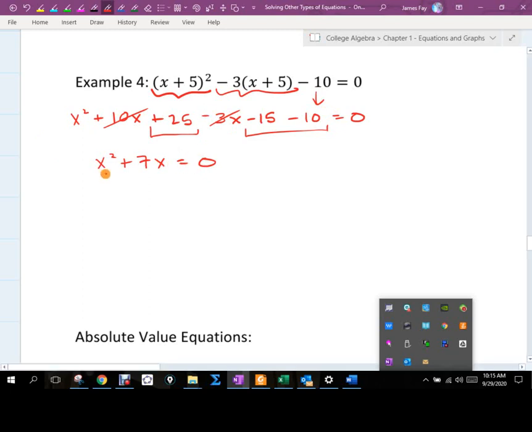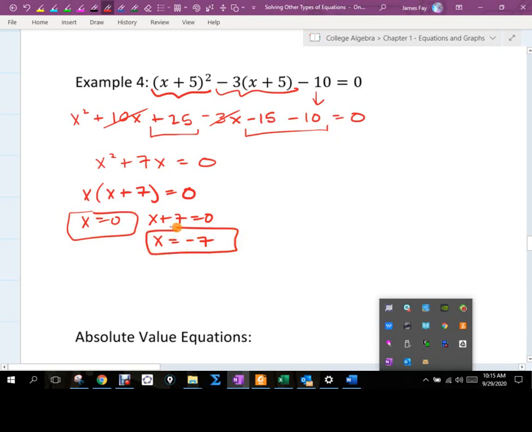When we do that, we can at least bring out an x. If we don't have a c term, there's always a GCF of at least x. So I can bring that out, and it leaves me with x times x plus 7 equals 0. And then you say, well, x is equal to 0, or x plus 7 is equal to 0. So there are our two solutions, right?